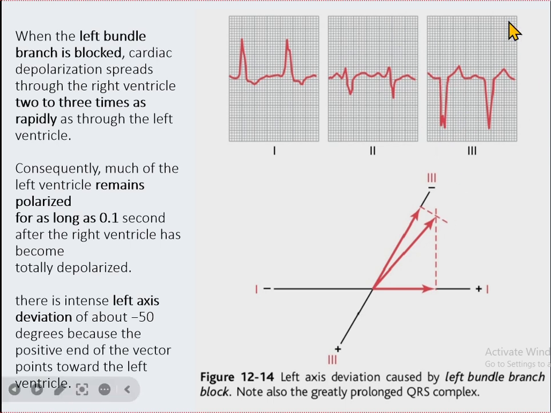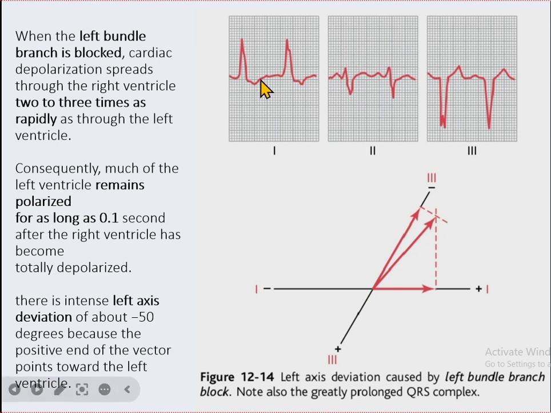That is why its QRS complexes will be inverted. You see that? Lead 2 is almost perpendicular. The initial depolarization will be upward, but the depolarization of the left ventricle, which was delayed by the block, will be downward. That is why lead 2 is showing this.